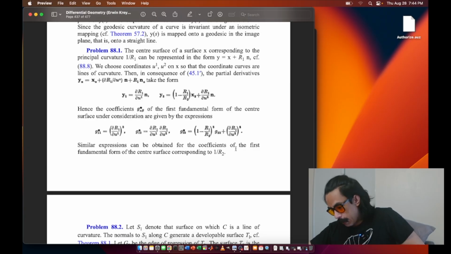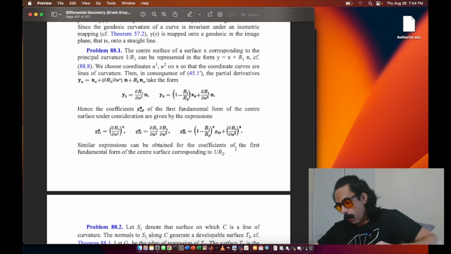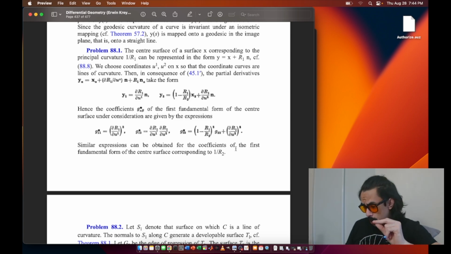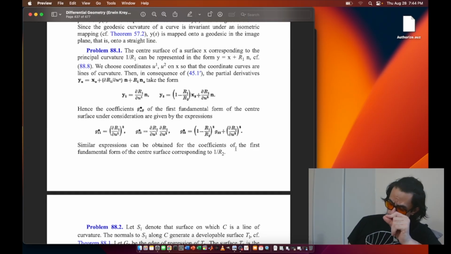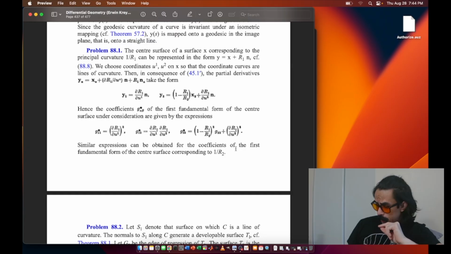take the form vector y sub 1 equals partial r1 partial u1 times vector n, y2 equals the quantity 1 minus r1 over r2, closed quantity, times vector x sub 2 plus partial r1 partial u2 times vector n.